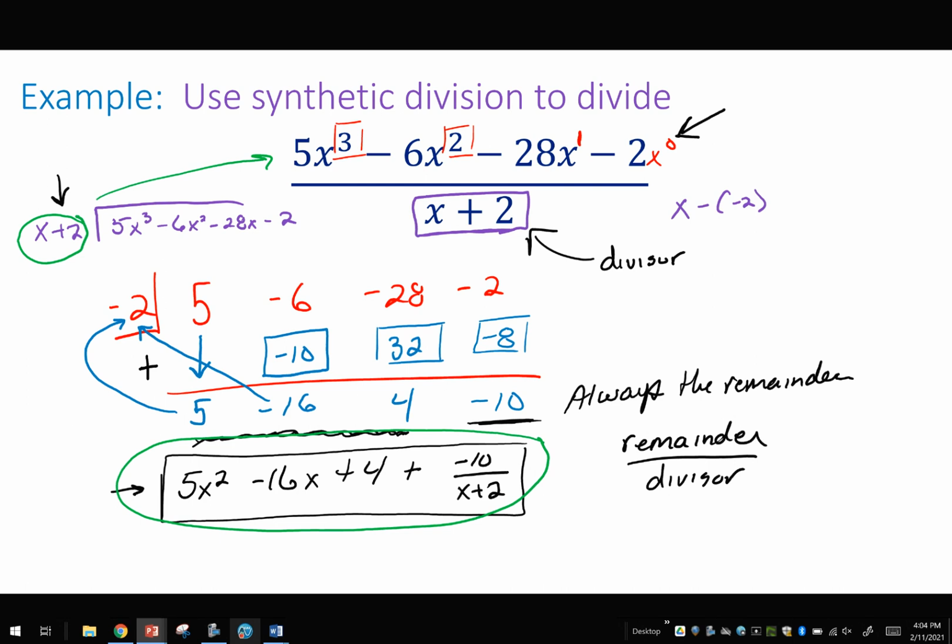Just like we had on that very first problem when we had 4 going into 24, and then we had 6. If I take these two and multiply them together, I end up with 24. So the same thing now. These two multiplied together will get me what's under this division sign.